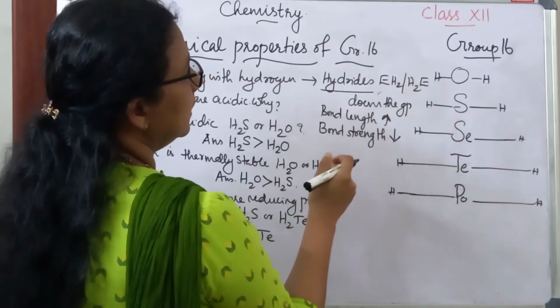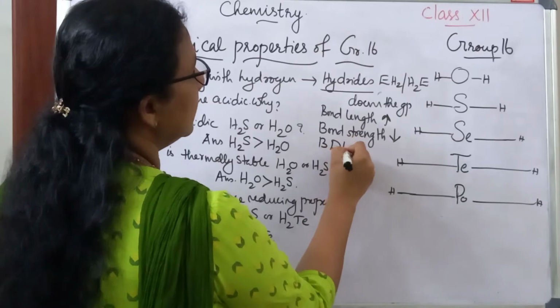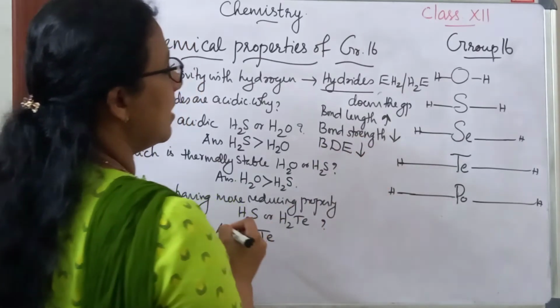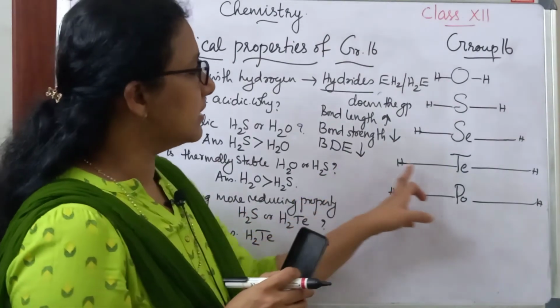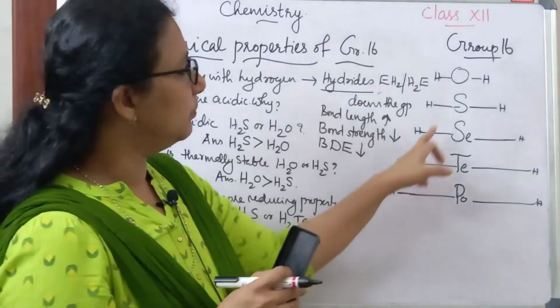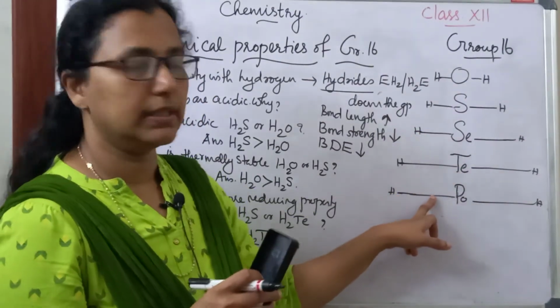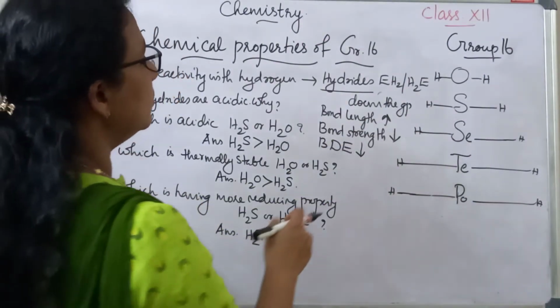So the bond dissociation enthalpy will decrease down the group. Bond dissociation enthalpy means the amount of energy required to break these bonds. Since the bonds are weak, it is very easy to break them.